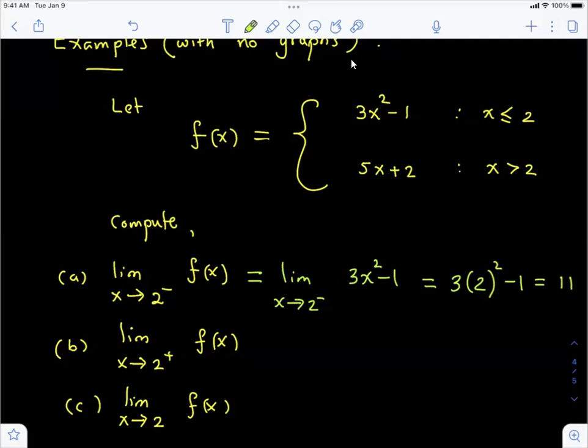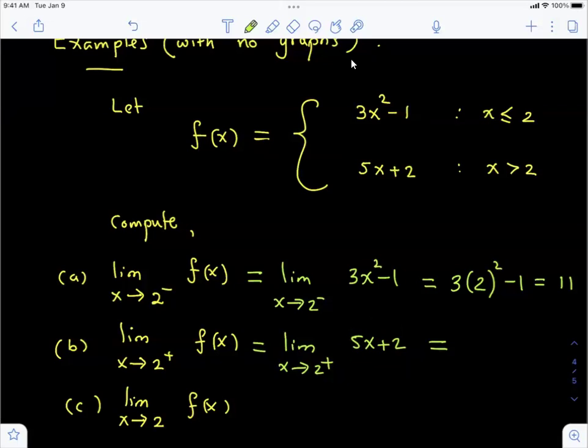And then let's do the right limit computation. So x goes to 2 from the right hand side. Look at this, it corresponds to the branch x approaching 2 from the right side. So that simply means this is the corresponding branch, and I'm going to name that branch in the position of f of x. Now, all I need to do is consider individually this function, 5x plus 2, a linear function.